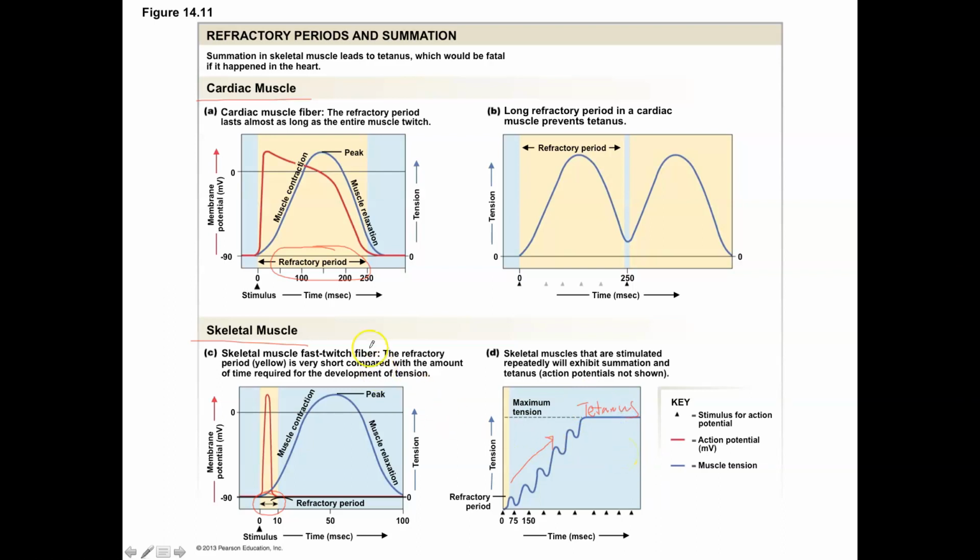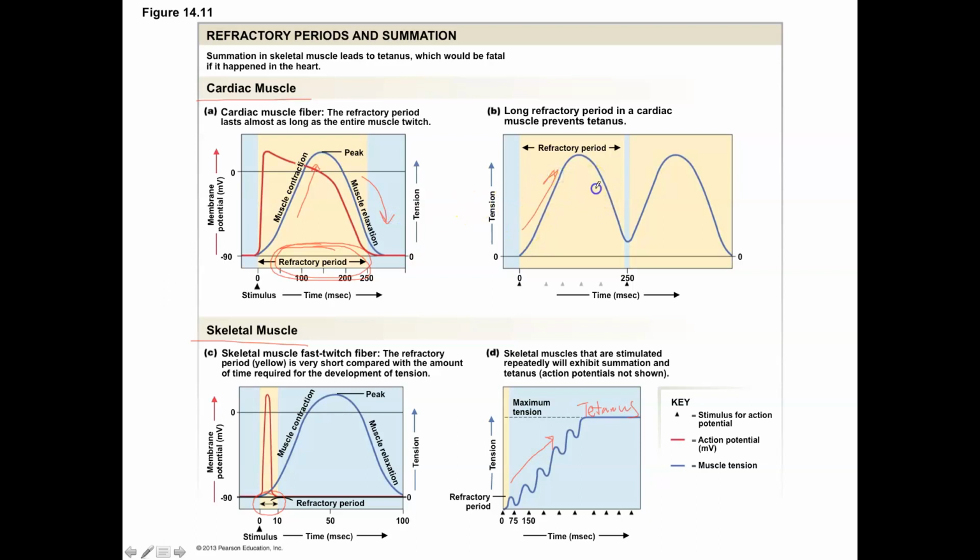In contrast, for cardiac muscle, because there's a long refractory period, you're not going to have these contractions that are allowed to summate. So what we see is muscle contraction followed by muscle relaxation. You can see that in this diagram.